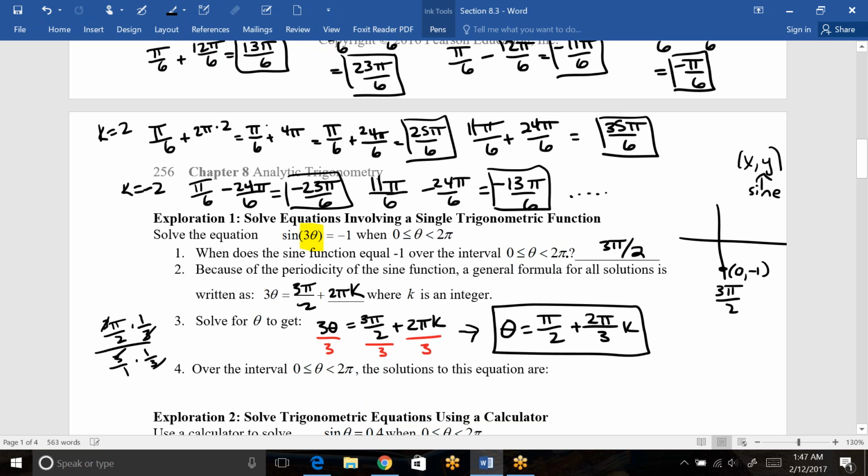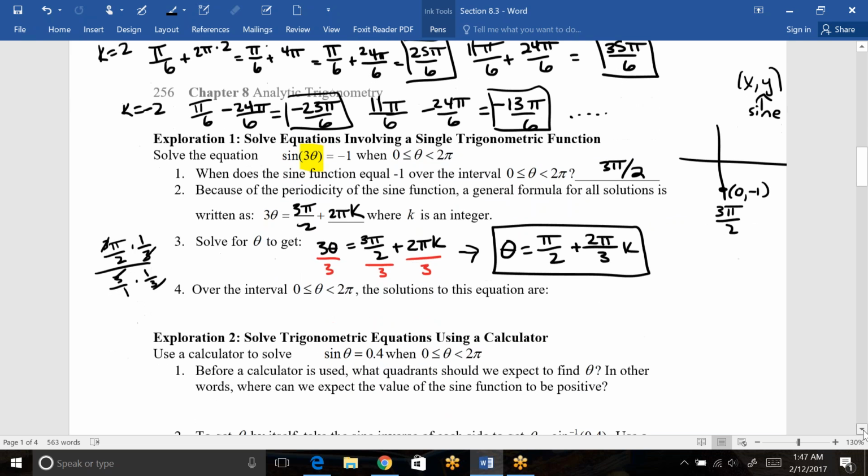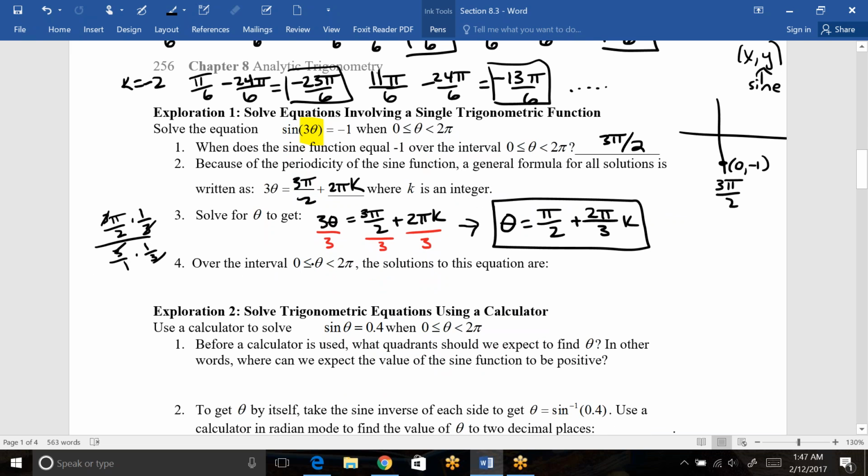And in this scenario, this is the only place that sine can equal negative 1. Because remember, sine is the y value, and the only time on the unit circle we equal negative 1 for y is down here. So over the interval from 0 to 2 pi, the solutions were just 3 pi over 2.